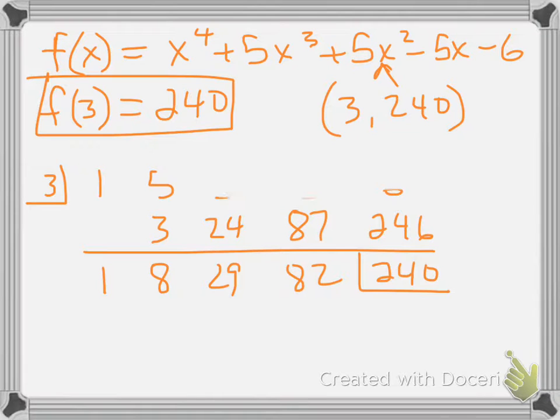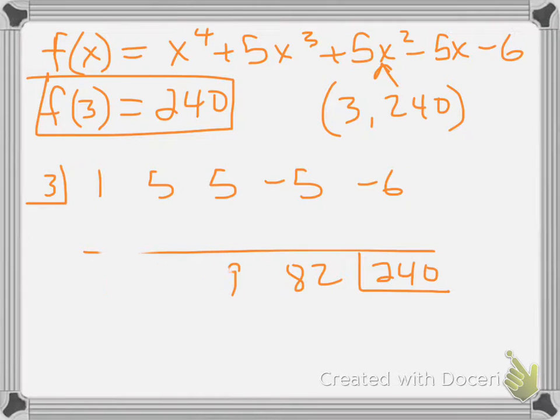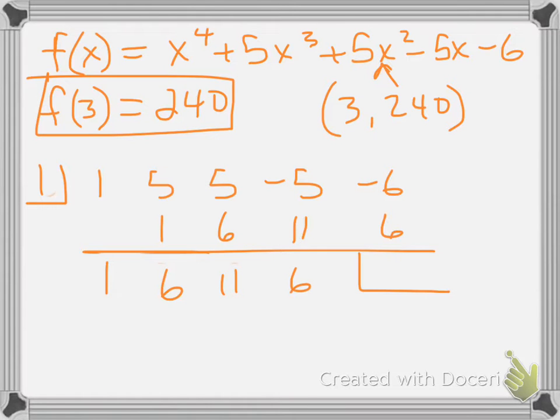Let's take this same function and find f of 1. Oopsie. Let's find f of 1. And I have the ability to do this. This would be where it'd be nice to have a whiteboard. You could just erase things. And f of 1: 1, 1, 6, 6, 11, 11, 6, 6. What does that tell us?